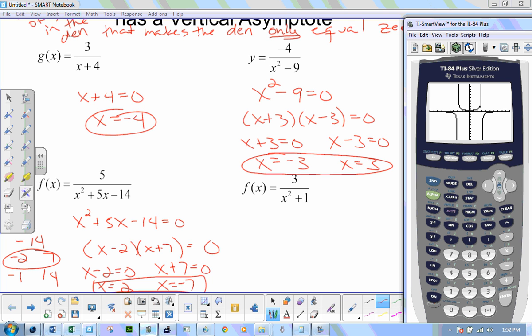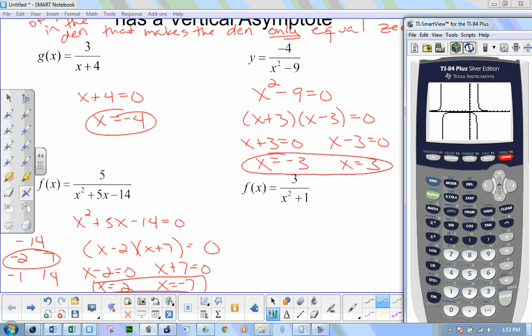And if I wanted to show that, I could go back to my calculator, turn off this example. Excuse me, I'm on the wrong button. I need to be on the equal sign, hit enter, turn it off, go down one, bold the equal sign there by hitting enter, and then when I graph here, I should be expecting to see an asymptote at x equals 2 and x equals -7.